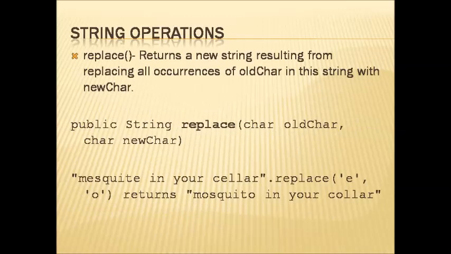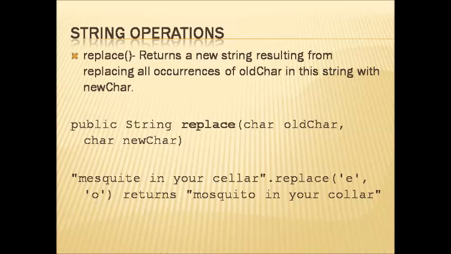Here we can see the replace function. The replace function will return a string by replacing the old character with the new character. So it will replace all the occurrences of the old character with a particular character.